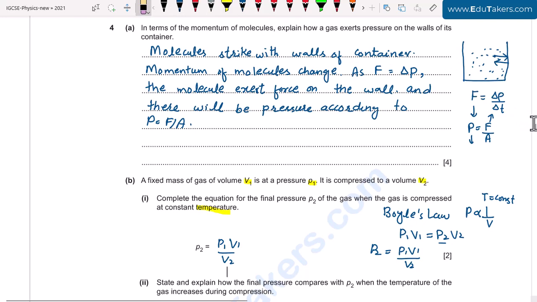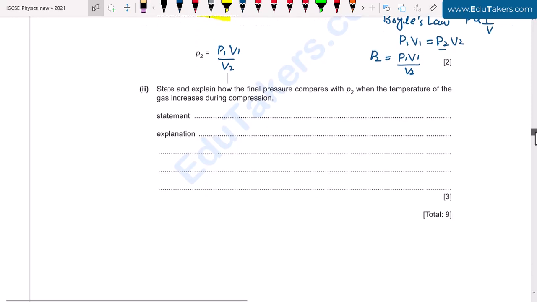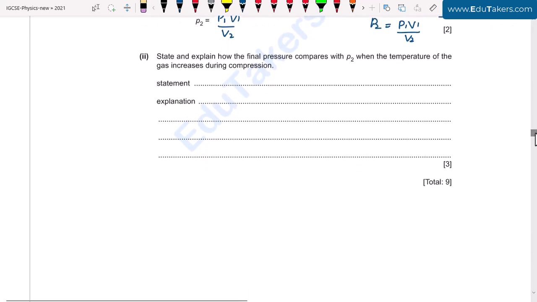Part 2. State and explain how the final pressure compares with P2 when the temperature of the gas increases during compression. So here temperature is not constant but it is increasing.